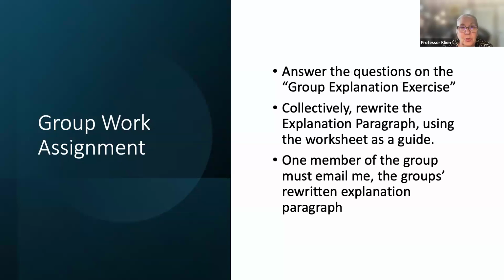I want you to answer the questions on the group explanation exercise, and then I want your group to collectively rewrite the explanation paragraph using the worksheet, which is the exercise itself, as a guide. One member of the group must email me the group's written explanation paragraph, and I will provide some brief feedback on each individual assignment. This needs to be done before Monday's class.